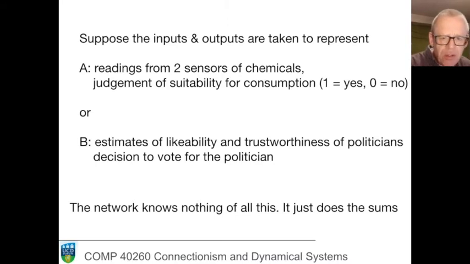You can see that these are two very, very different domains, and you can see that the employment of a neural network in either domain will have consequences. And most importantly, the network knows nothing at all about the domain. The network knows nothing. The network is merely doing sums.